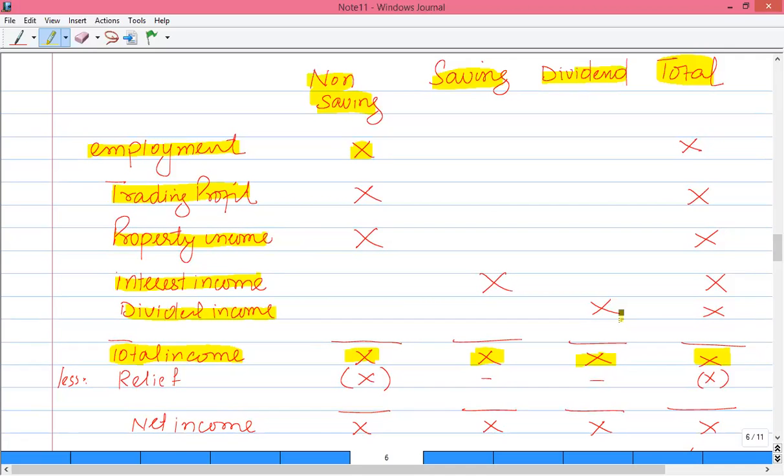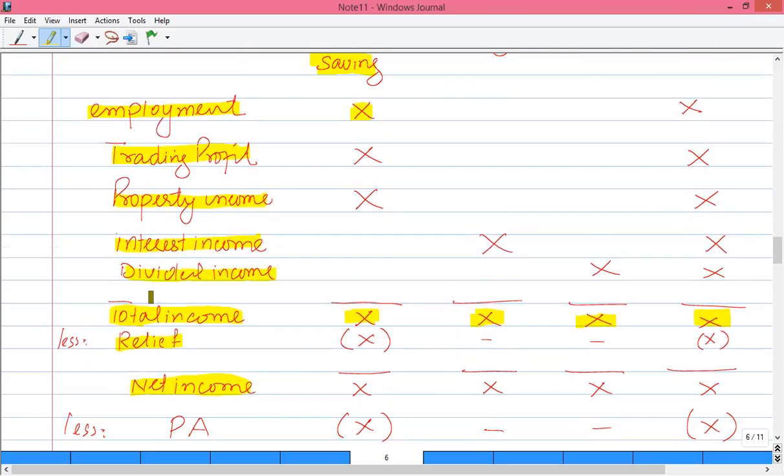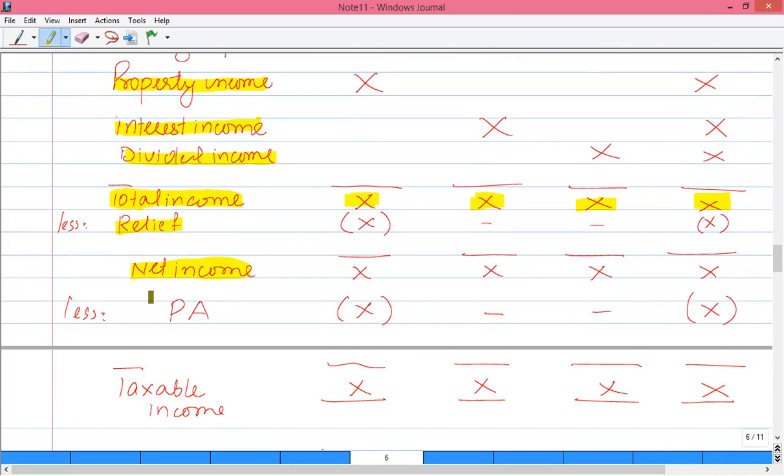But this total income is not taxable. You will get some relief, so you can deduct that relief, and after deducting that relief you will get net income. The reliefs we will discuss later on, how many types of relief are available. So after deducting relief, you will get net income, that is net non-saving income, net saving income, and net dividend income.